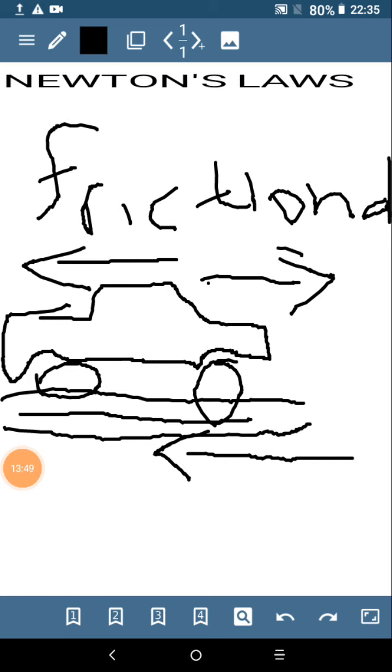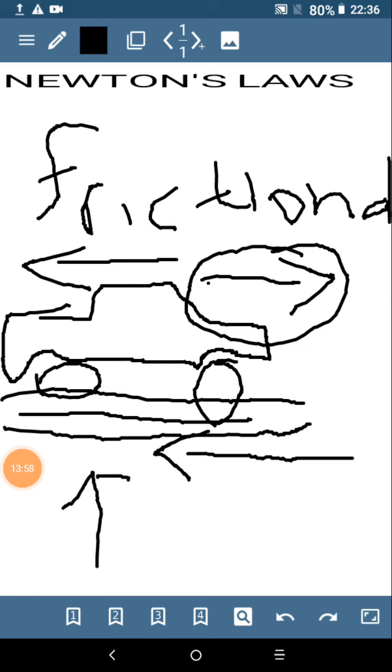It will act in that direction. If an object is moving upwards, the frictional force will act downwards. It's always opposite the direction of movement.